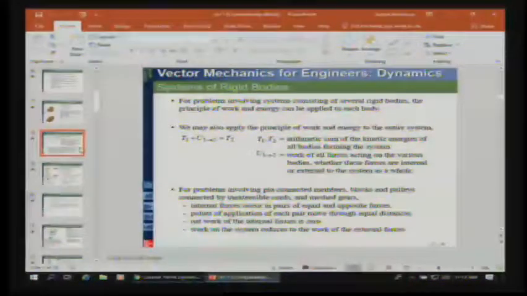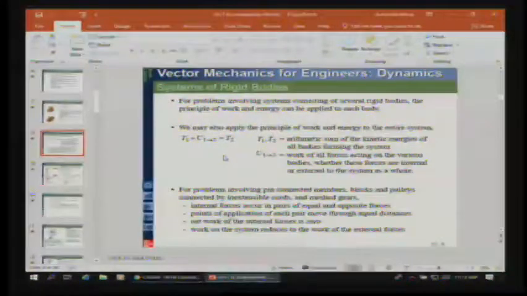All right, so then for problems that involve systems consisting of several rigid bodies, which can just be thought of as a summation of points, instead of an integral you're going to have a summation sign, but it still works the same way. So the work energy principle is still 100% true, in light of non-conservative forces, too.